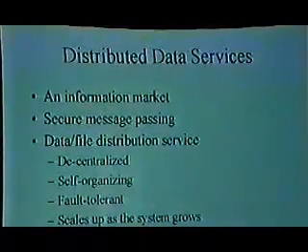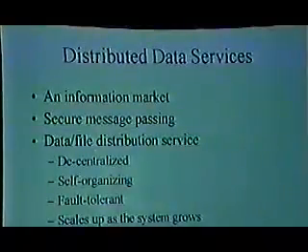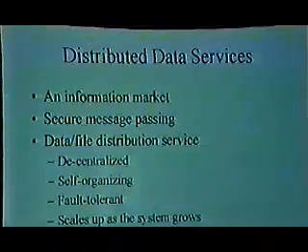Now, the distributed data service that we build on top of this basic micropayment system is a pure information market. Independent agents trying to buy and sell services to each other. We start off with a simple, secure message passing system. Just encrypted messages going from one public key to another, asynchronous messages that can run straight over HTTP, any transport protocol you'd like.